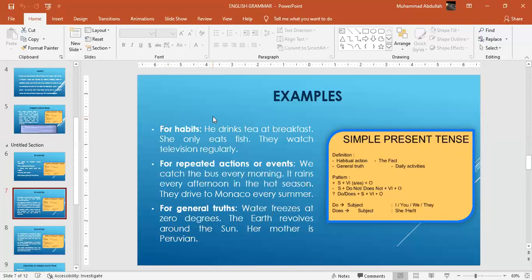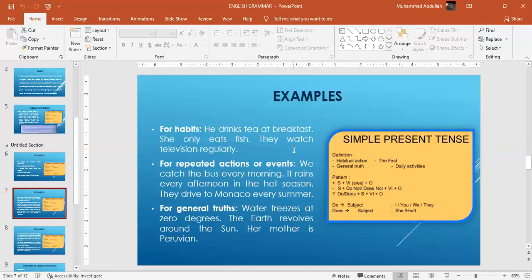They watch television regularly. Here we are not using the S form of verb because the subject is changed. It belongs to the first category: I, you, we, they. And in this category, with the subject, we use the first form of verb. They watch television regularly.